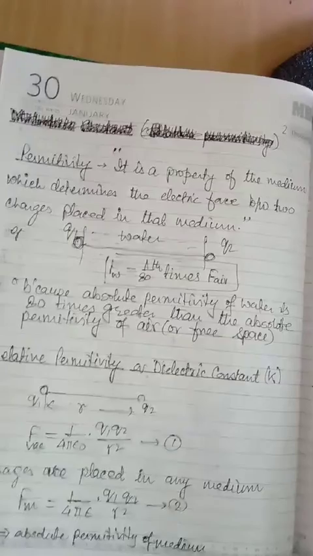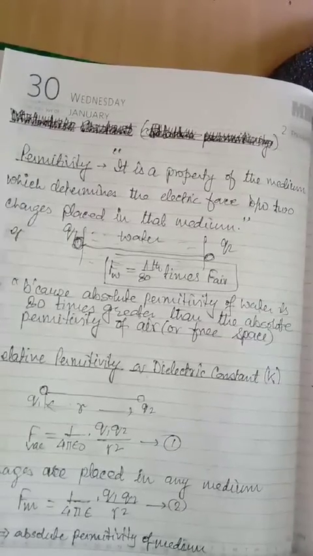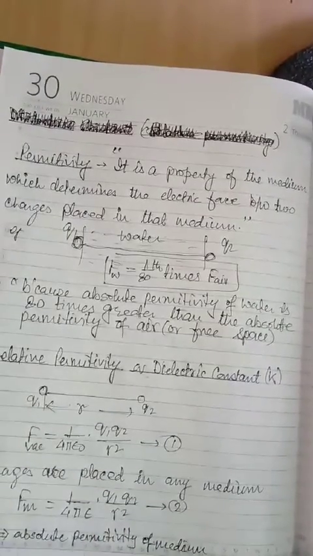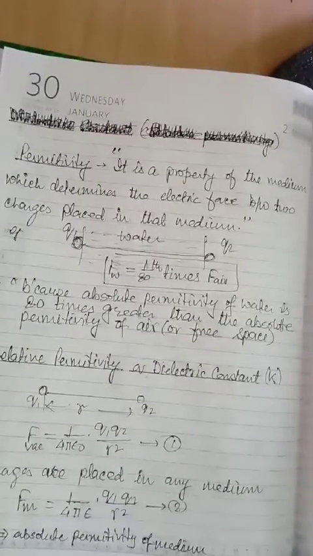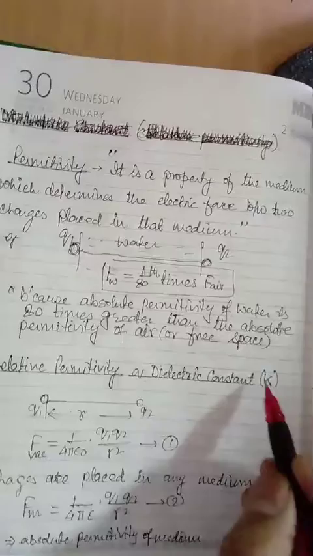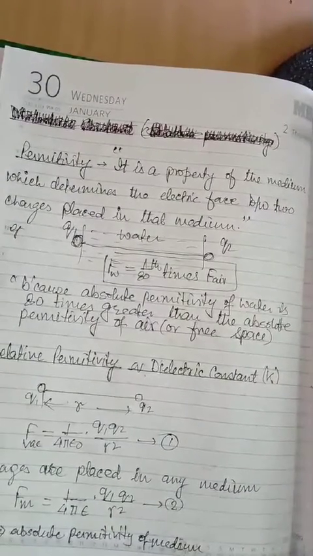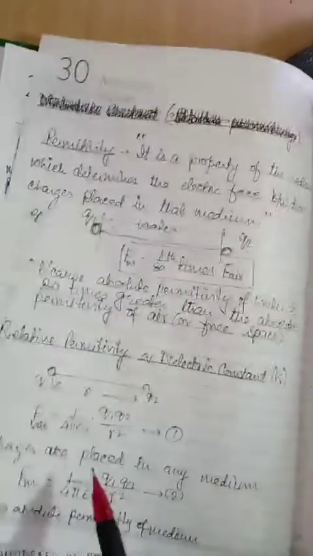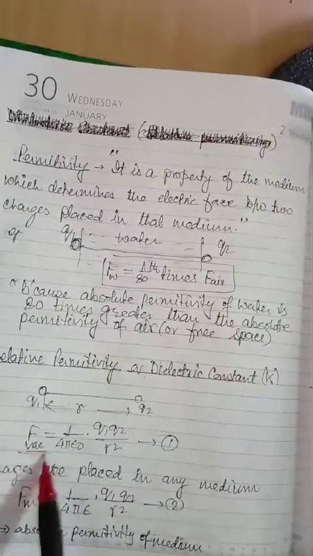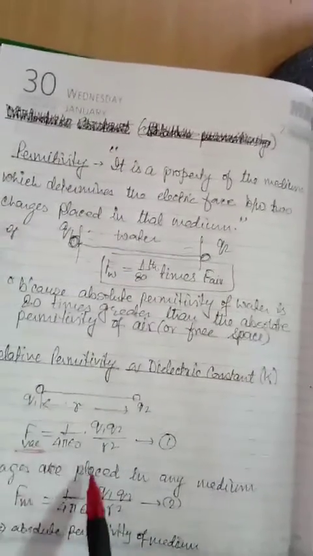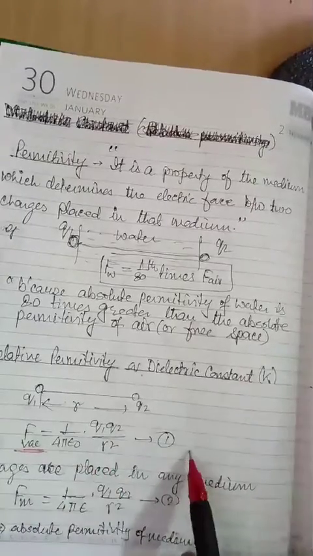Now we will discuss the other new term, that is called relative permittivity or dielectric constant. We represent it by small letter K. When the two charges are kept in vacuum, the force will be F vacuum equals 1 upon 4 pi epsilon naught q1 q2 upon r square.